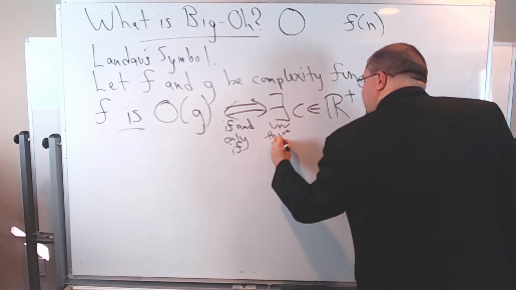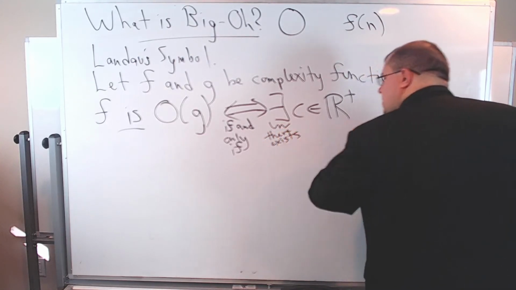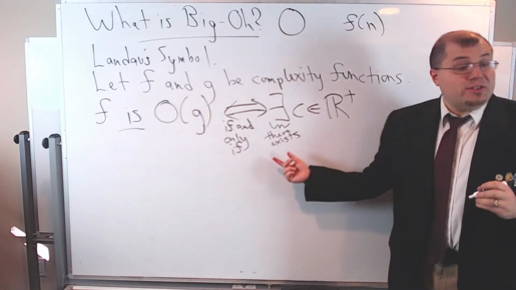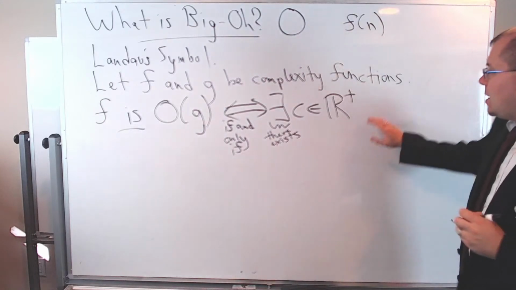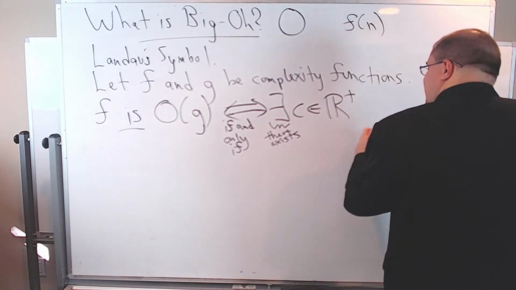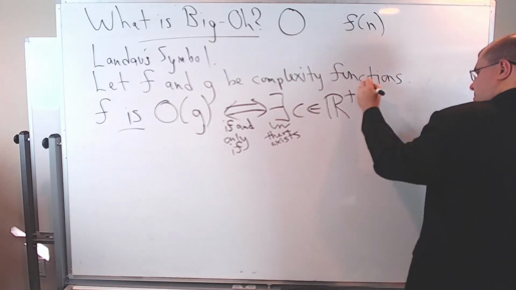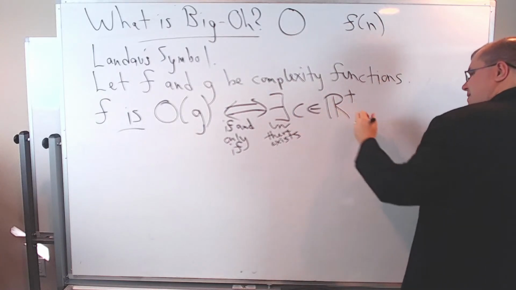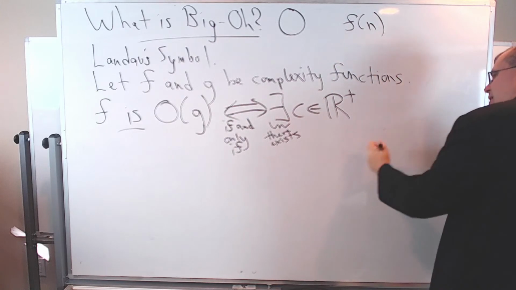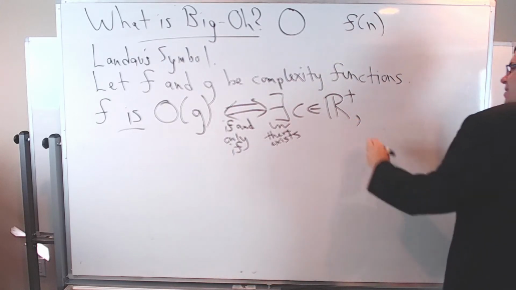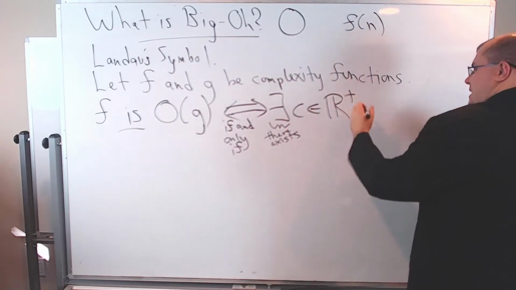You notice how I wrote it out in words? This just means that there's at least one. There exists a c. Technically you could also write an existential quantifier, that's what this is. You can write this backwards e again, but for simplicity I'm going to assume they're joined together.